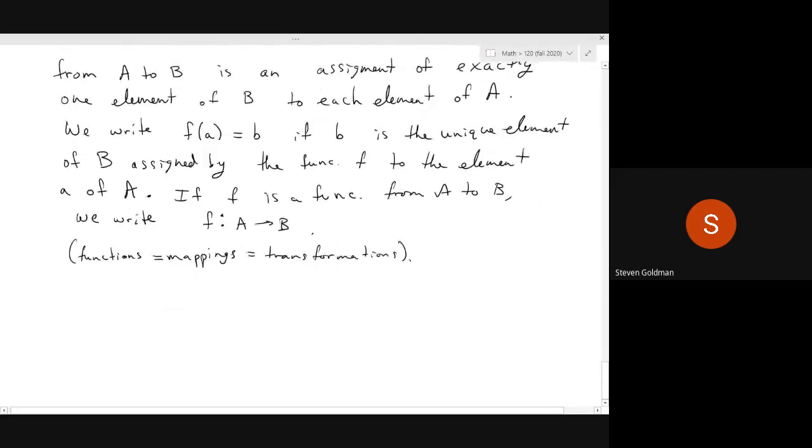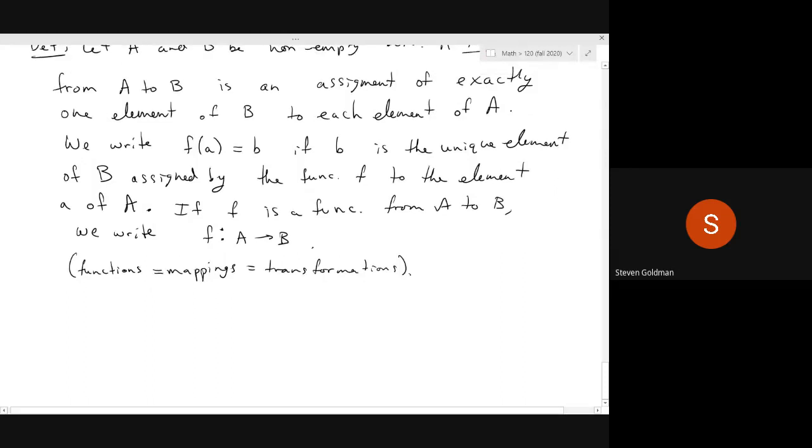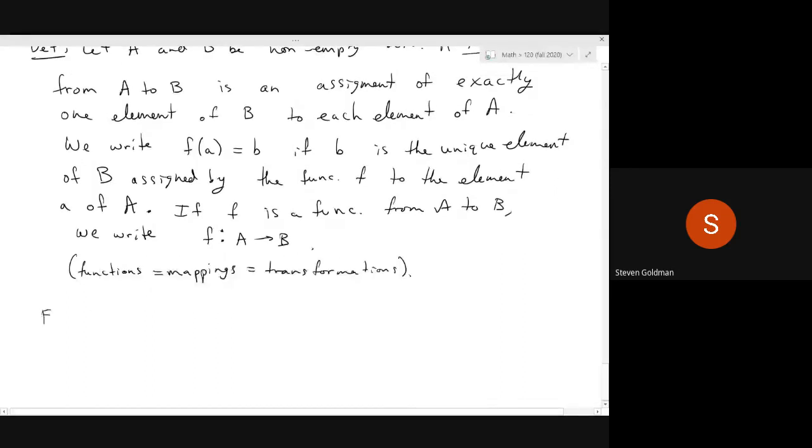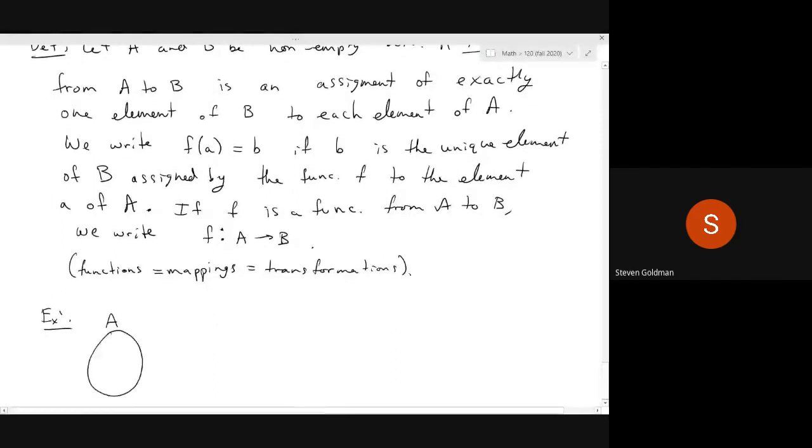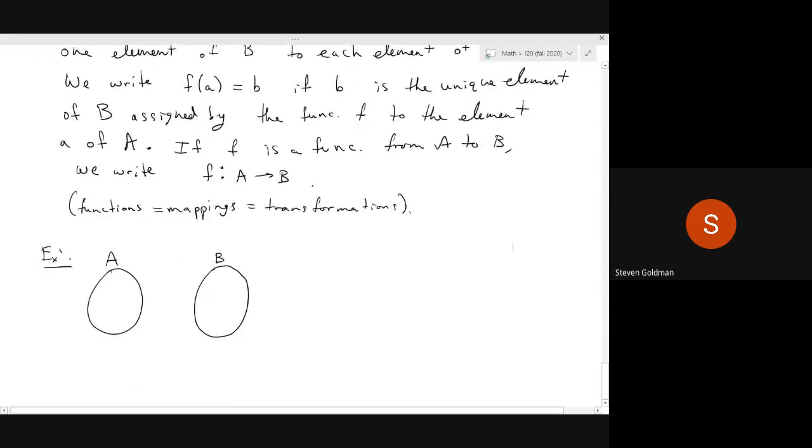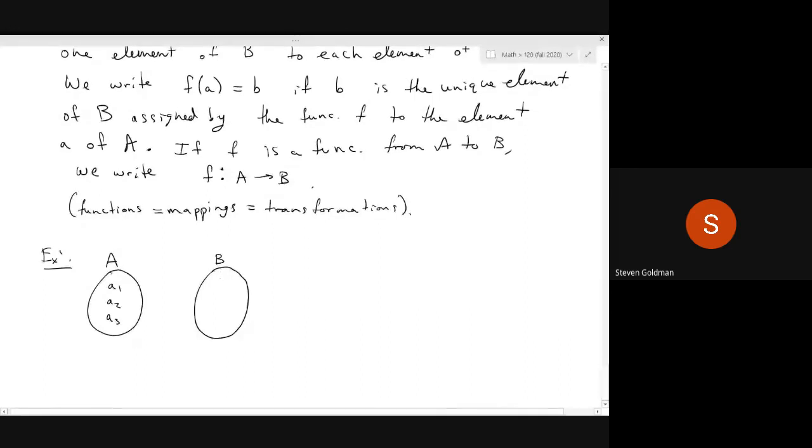So what's an example of what a function could look like? Let's draw it out using a Venn diagram. Here is a set A represented by this circle, and here's a set B represented by this circle. Let's say the elements in set A are A1, A2, and A3, and the elements in set B are B1, B2, and B3.